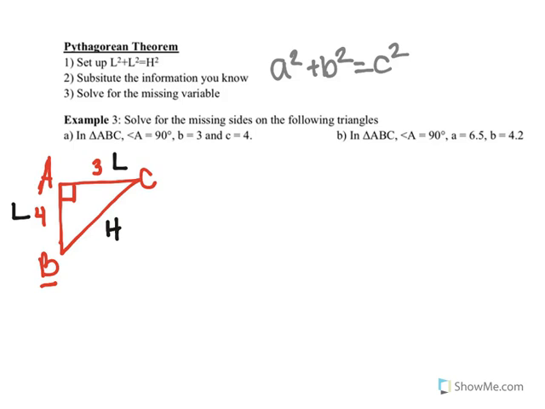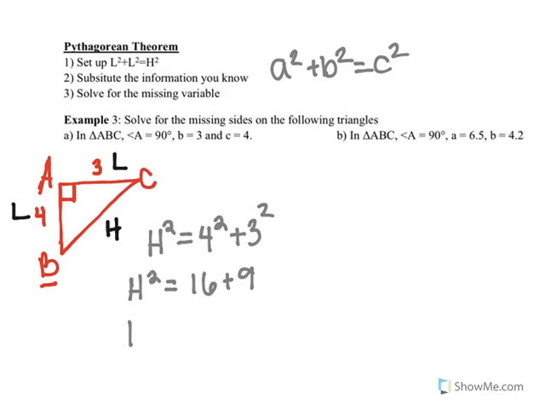So we're going to go h squared is equal to 4 squared plus 3 squared. So h squared is equal to 16 plus 9. When I add 16 plus 9 together, I would get 25. And then we take the square root of both sides, and h is equal to 5.